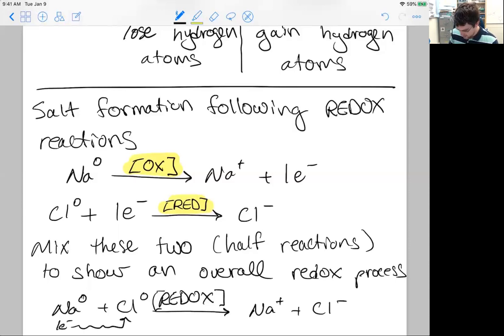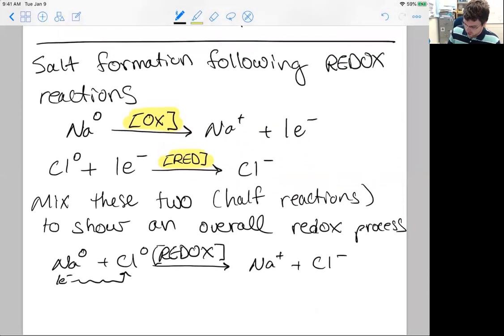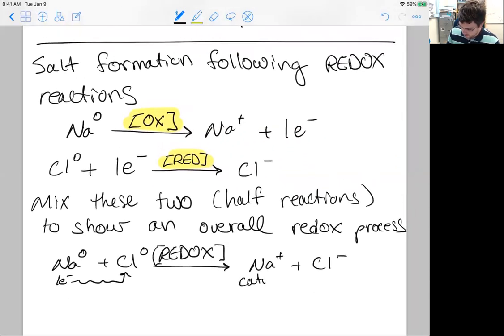It migrates over from the sodium to the chlorine atom to give a sodium cation and a chlorine anion. And when we have anions and cations, they often combine or bond to each other by way of an ionic bond to form what's called a salt, NaCl.